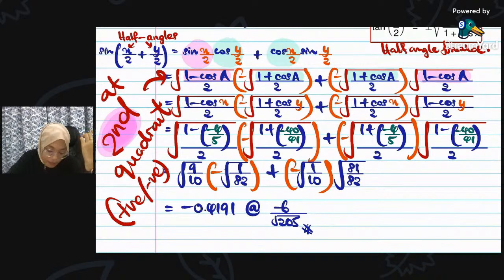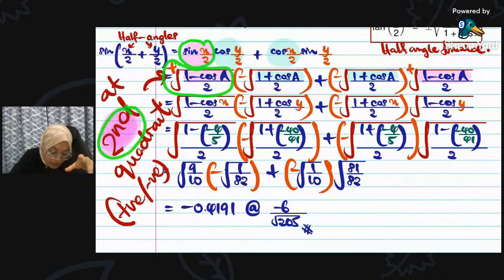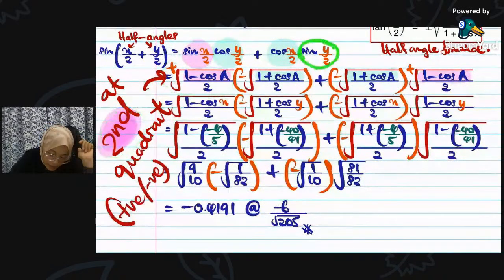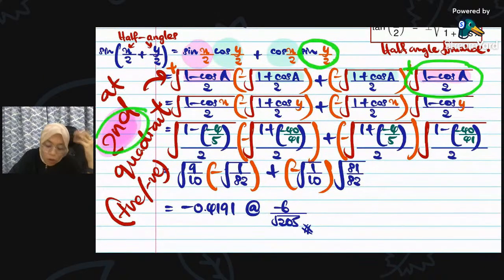Saya just harap kamu fahamlah bahawa kenapa dia positive sign. So this is actually positive sign. This is positive sign, okay? So I really hope that you understand kenapa lah sin ni positif. Sebabnya second quadrant adalah sin yang positif. Sama juga dengan yang ini, sin dia adalah positif sebab dia berada di second quadrant.